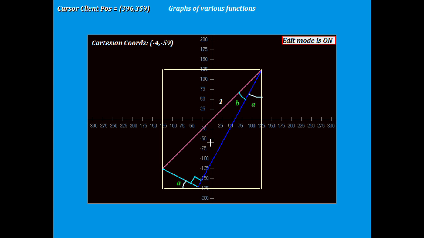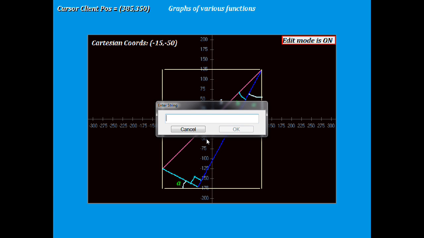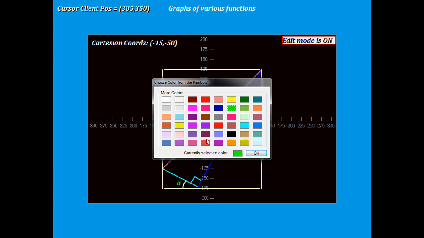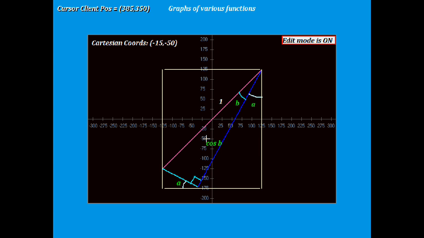So what does that tell us? Well, that tells us that we know the length of this side. That's going to be cosine of arbitrary angle B. Okay, that's the length of this side, and the length of this here.